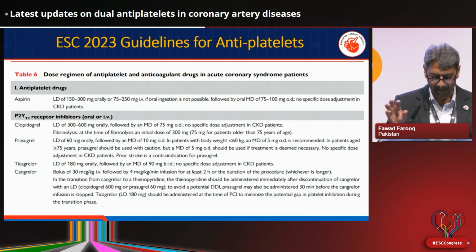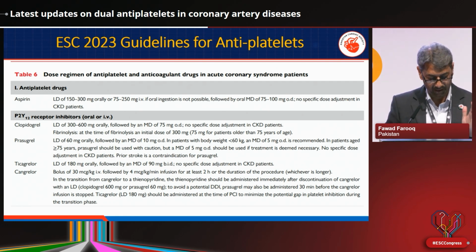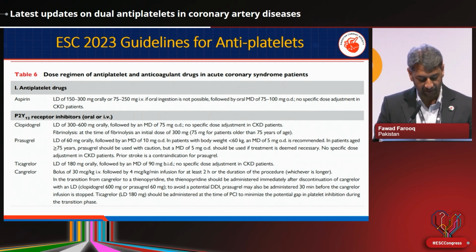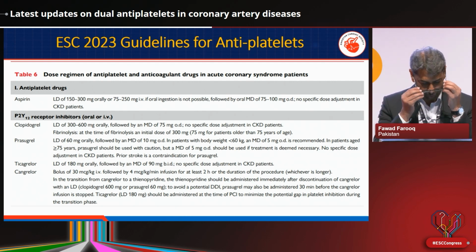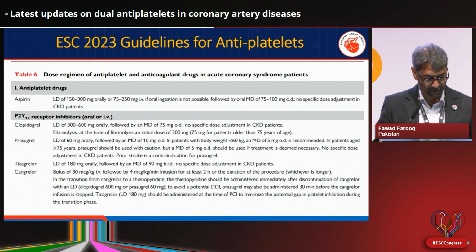A few things need to be remembered, especially if you're offering thrombolysis: give the 300 milligram loading dose if age is less than 75; if more than 75, there's no need to give 300 loading, just start with 75. Prasugrel: loading of 60 milligram followed by a maintenance dose of 10 milligram in patients with body weight above 60 kg.